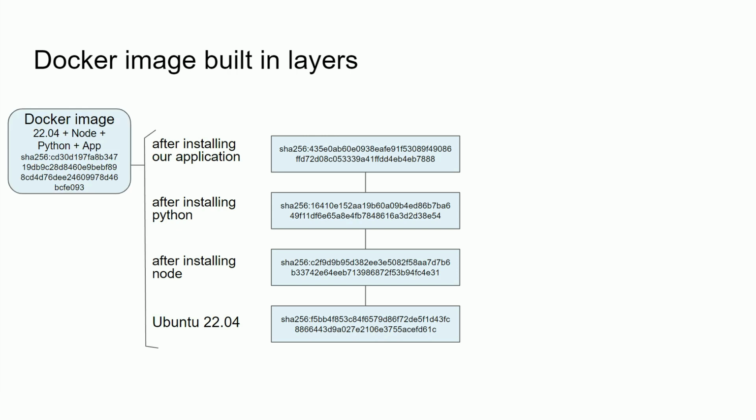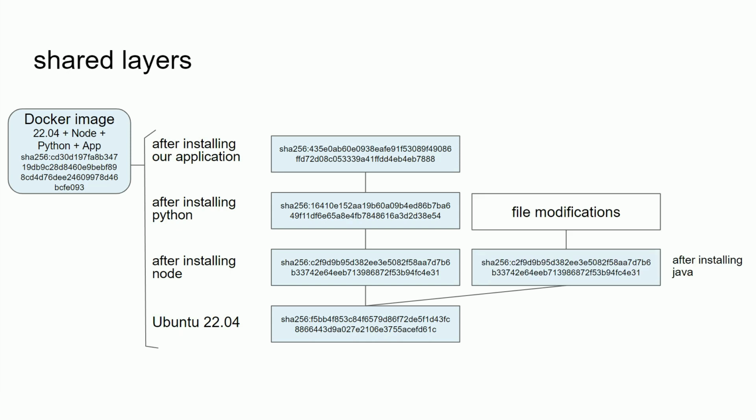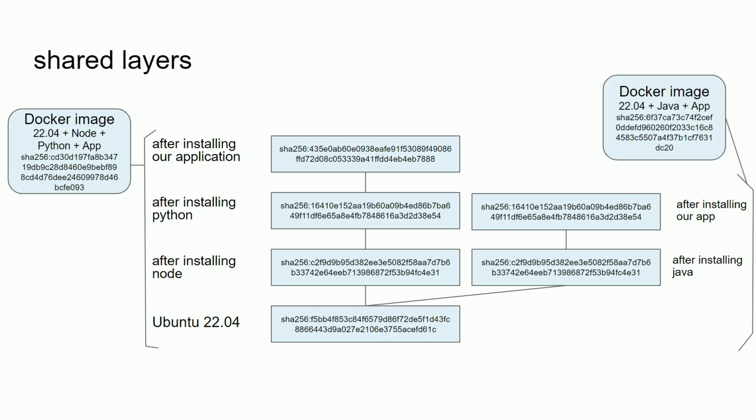And finally, we'd install our application and then create a Docker image that points to all 4 of those layers. Now say that we need to build a different Docker image, this time with Ubuntu 22.04 again, but with Java installed and our Java app. Well, again, we would go through the same process, starting with Ubuntu 22.04 as our base, installing Java, creating a layer, then installing our app, creating a layer, and finally creating a Docker image referencing those 3 layers.